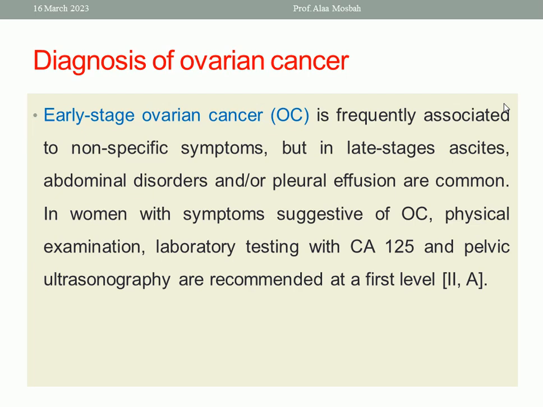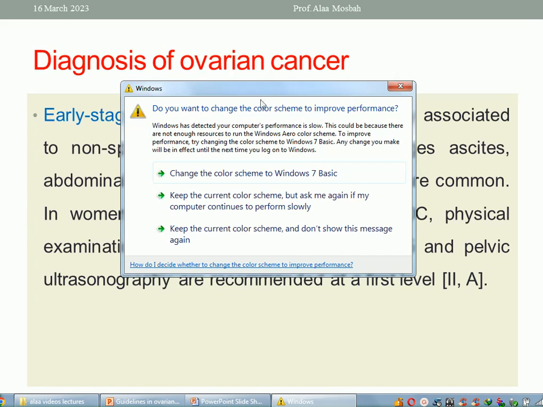So, early there are many non-specific symptoms, but in late stages, you can find ascites, pleural effusion, abdominal disorder, persistent abdominal bloating, and so on. In women with symptoms suggestive of ovarian cancer, physical examination, lab test with cancer antigen 125, and pelvic ultrasonography are recommended at a first level.